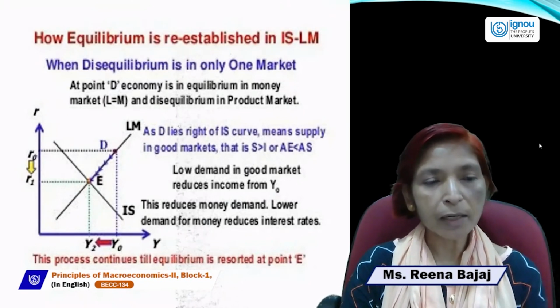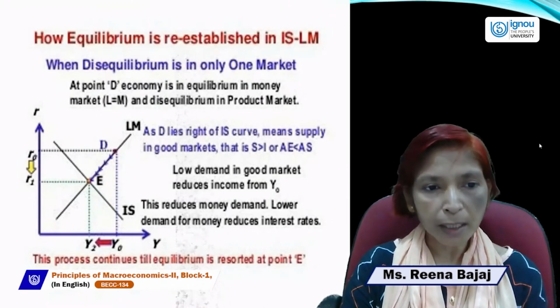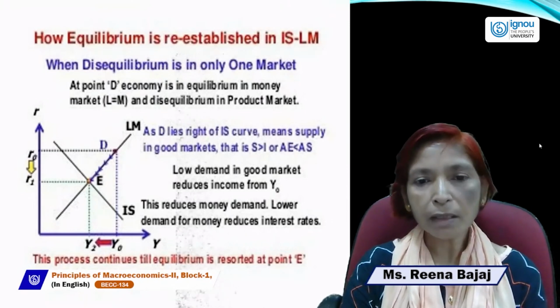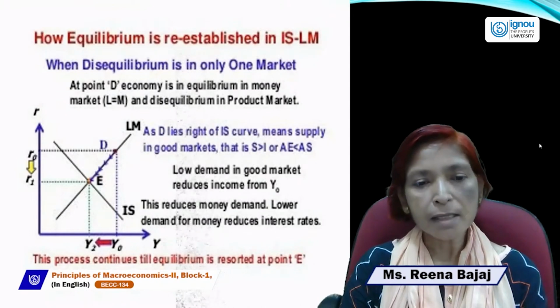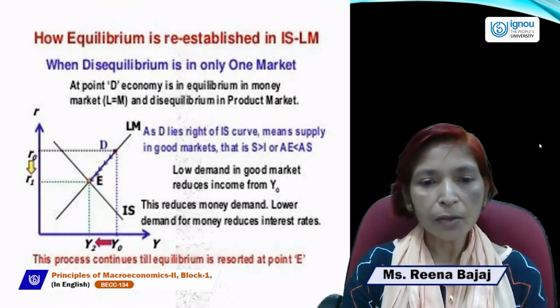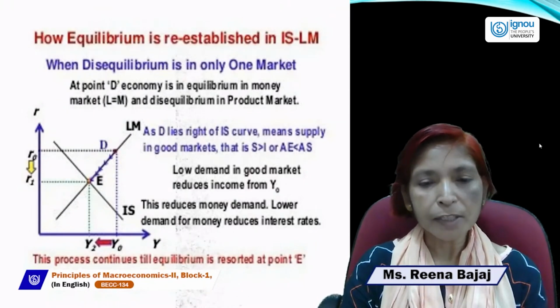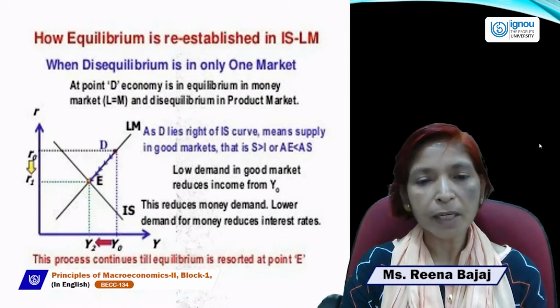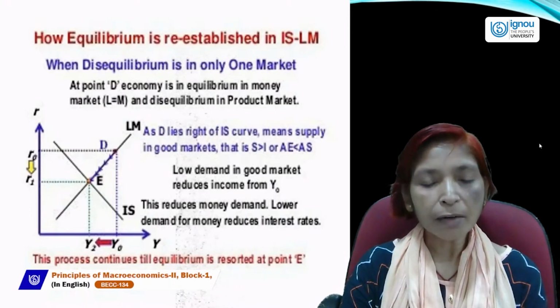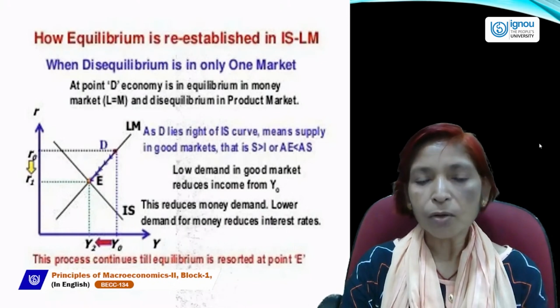But if there is any disequilibrium, like at point D, the economy is in equilibrium in the money market but in disequilibrium in the product market. As D lies to the right of the IS curve, it means supply in the goods market, that is, saving is greater than investment. So demand is low. If saving is greater than investment, it means people are consuming less, then their demand will be low in the goods market.